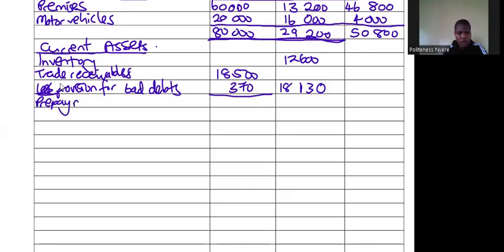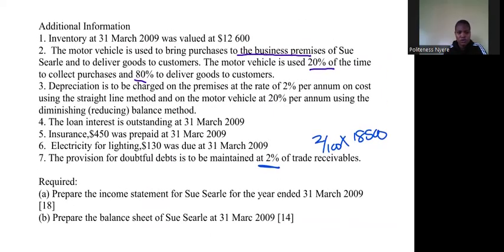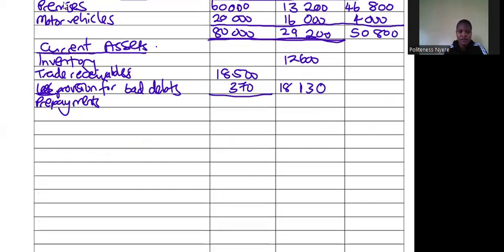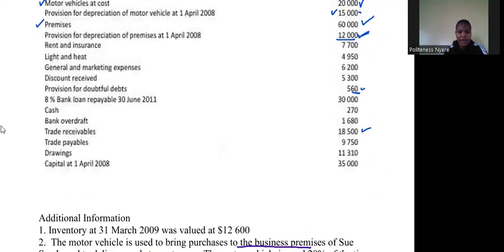Then let's move on to prepayments. So we had prepaid expenses. Let's just go straight to the note. So note number 5, we had insurance prepaid 450, and I think that is the only prepayment that we have. Then our bank is an overdraft, so we'll leave it and put it under current liabilities.